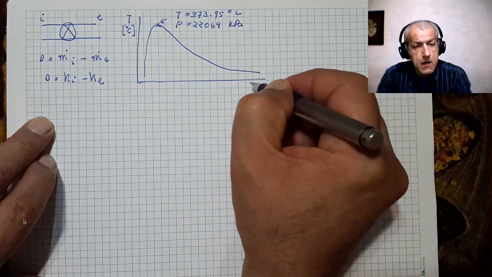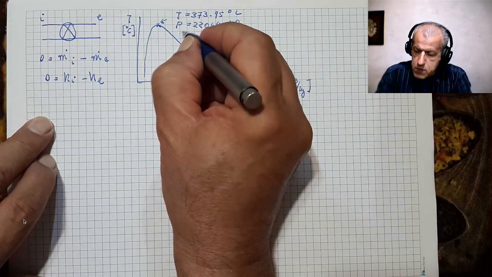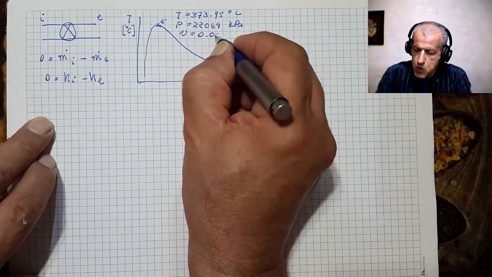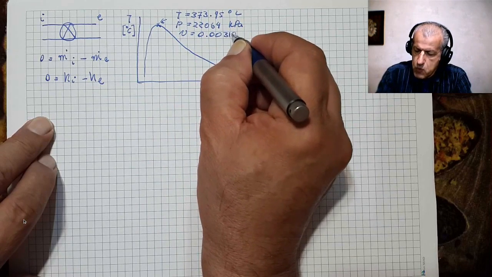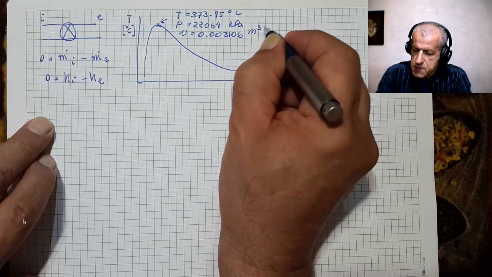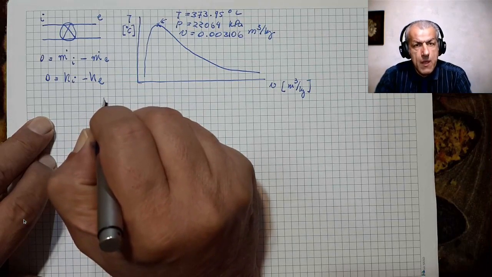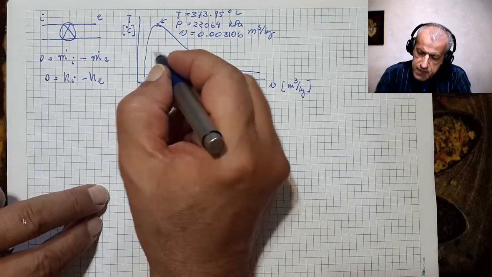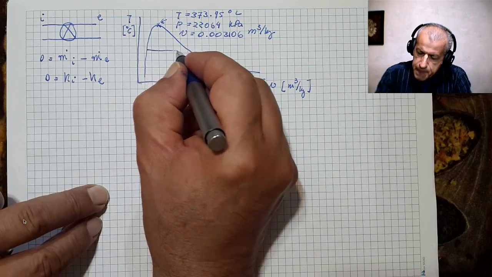And since we are drawing a T-v diagram, I would write v equals 0.003106 cubic meters per kilogram. And this is our water properties.